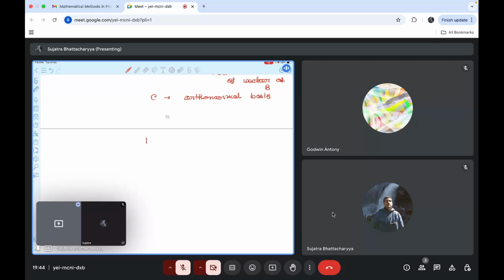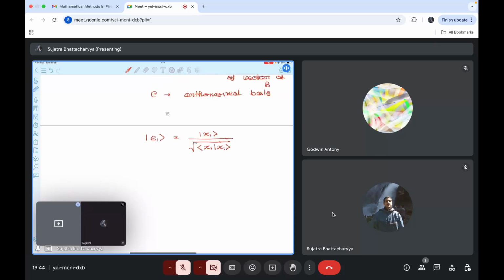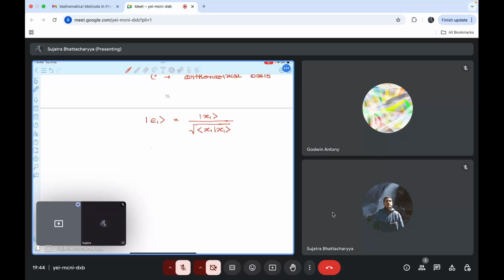The new set will be, say, E1, that will be x1 divided by the norm of x1, the inner product of x1 with x1 under a root. You can see that this is the norm of x1. So this is how you can make the first vector in the C orthonormal basis set.